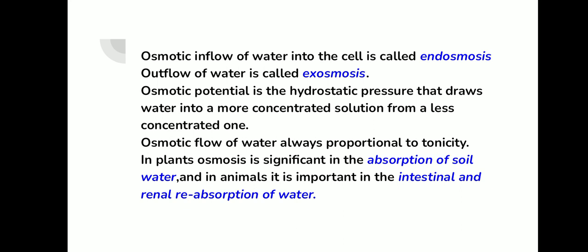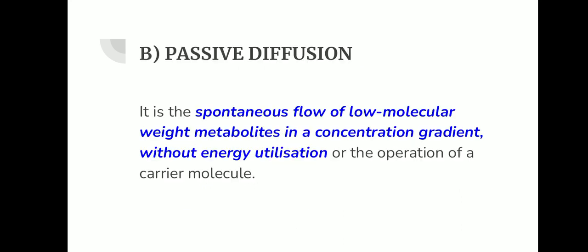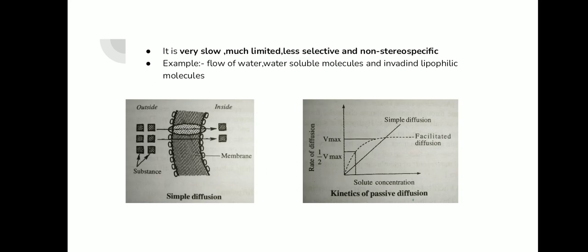water. Passive diffusion is spontaneous flow of low molecular weight metabolites in a concentration gradient without energy utilization. It is very slow, much limited, less selective, and non-stereospecific. Flow of water, water-soluble molecules, and lipophilic molecules are examples.